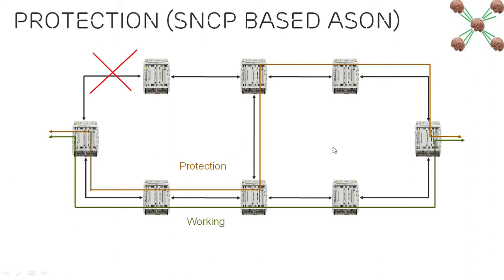But static protection, like the one we saw last time, can save only one cut, because after one cut the system will not automatically calculate a new path for the protection. The good thing about ASON is that, until and unless there are no resources available, it will try to calculate a new protection path, and it will try to keep your network always in a protected shape.